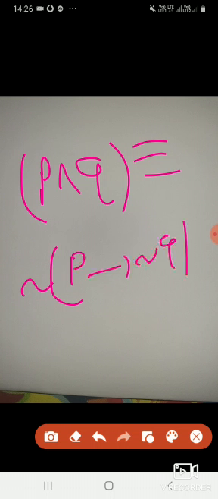So for this we have to form the truth table.